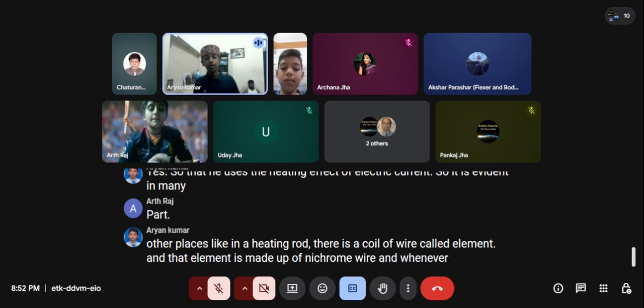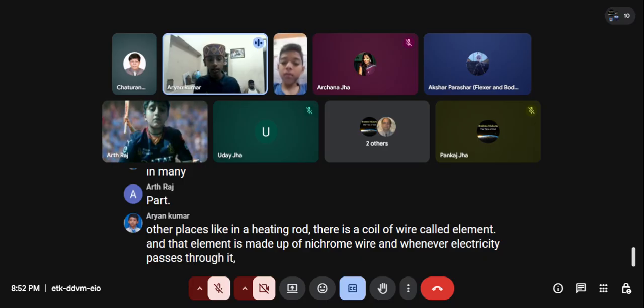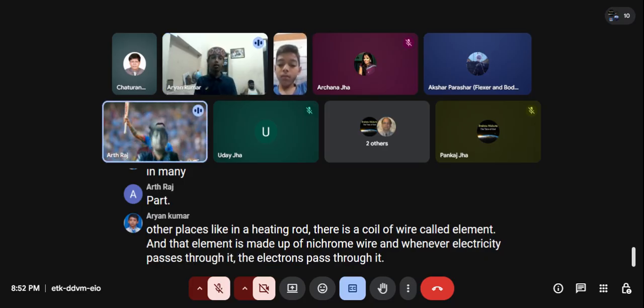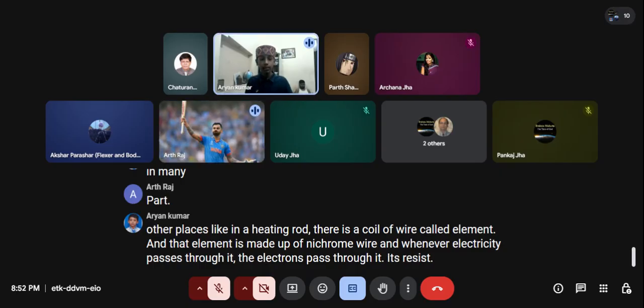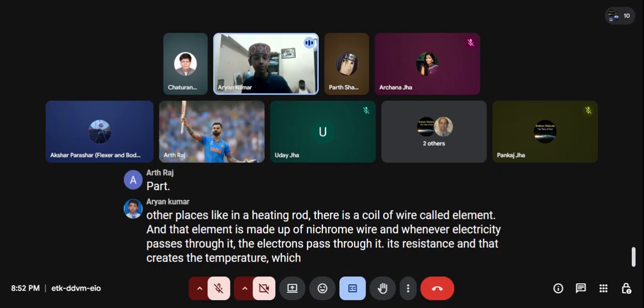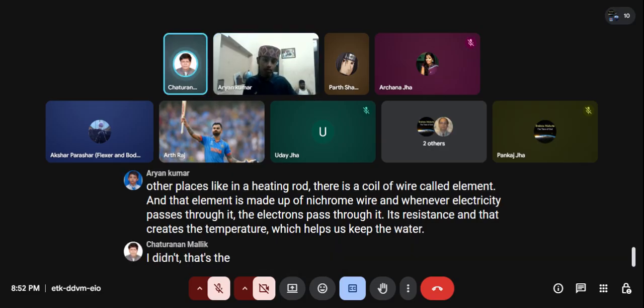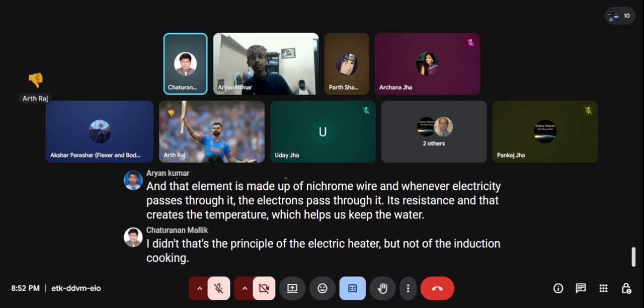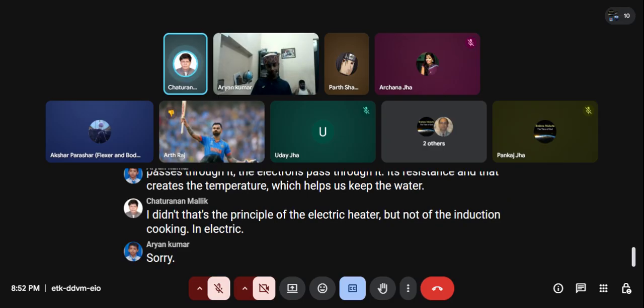Whenever electricity passes through it, it creates resistance, and that creates the temperature which helps us heat the water. Aryan, that's the principle of the electric heater, but not of induction cooking.